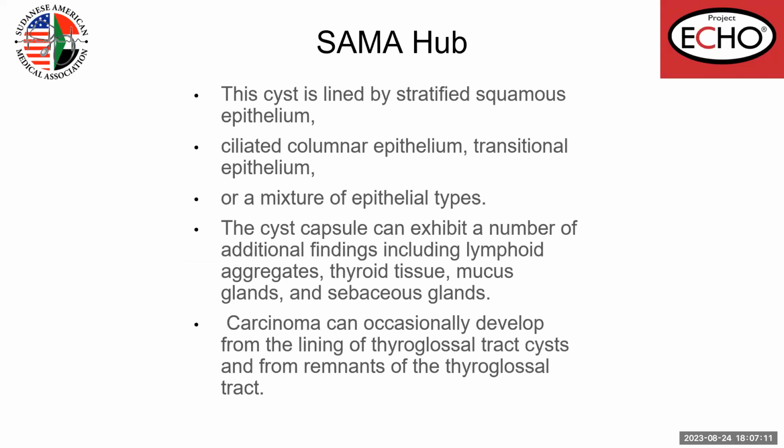The cyst is lined by stratified squamous epithelium, ciliated columnar epithelium, or transitional epithelium. The cyst capsule can exhibit a number of additional findings, including lymphoid aggregates, thyroid tissue, mucus gland, and sebaceous gland.